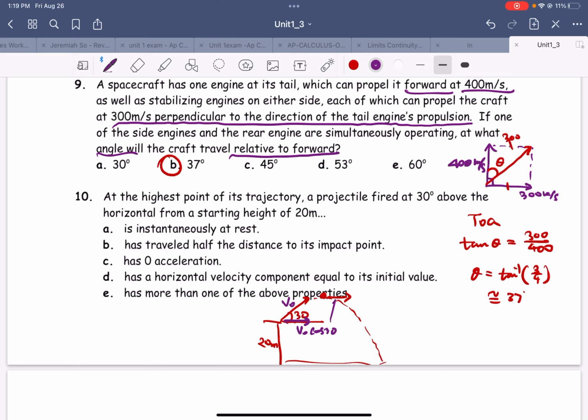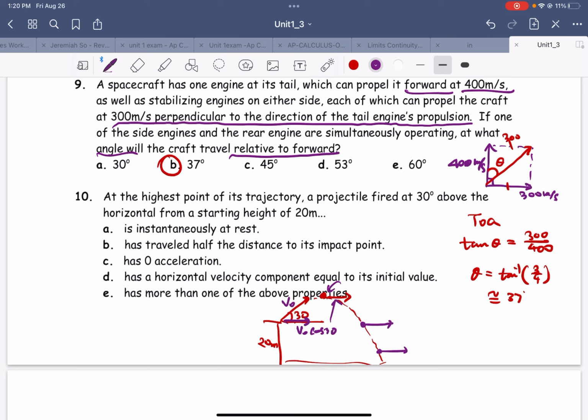That's the same as right here too. Anywhere, your horizontal velocity will be the same along the travel. Your vertical velocity will always be changing, and at the highest point your vertical velocity is 0, but your horizontal velocity is always the same. We ignore air friction.